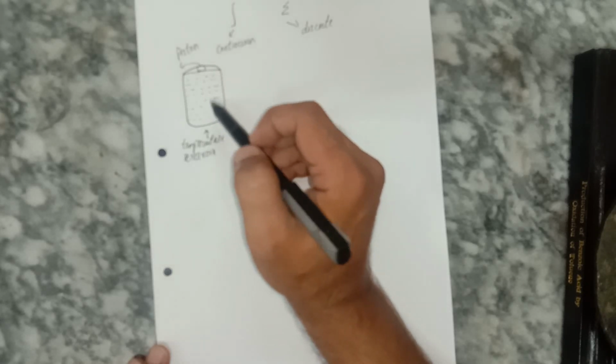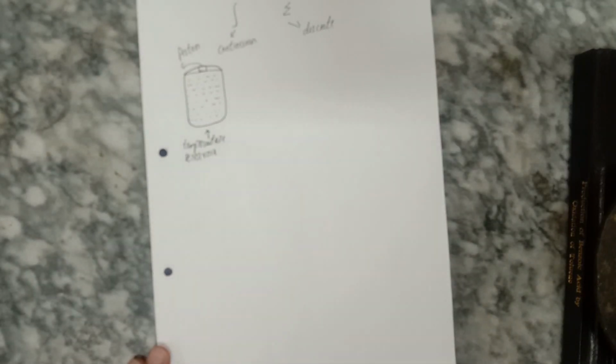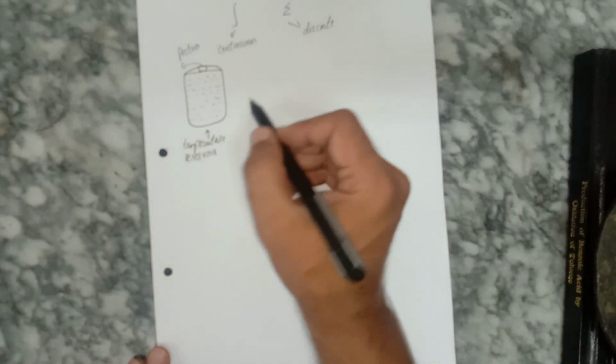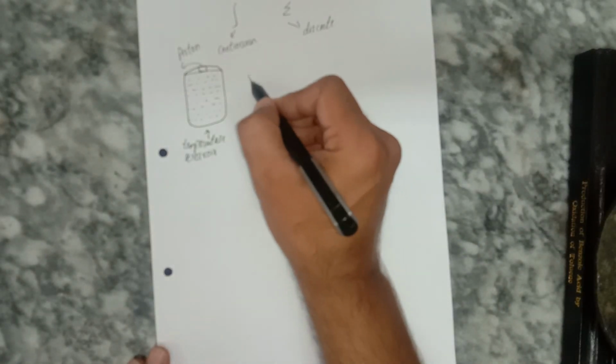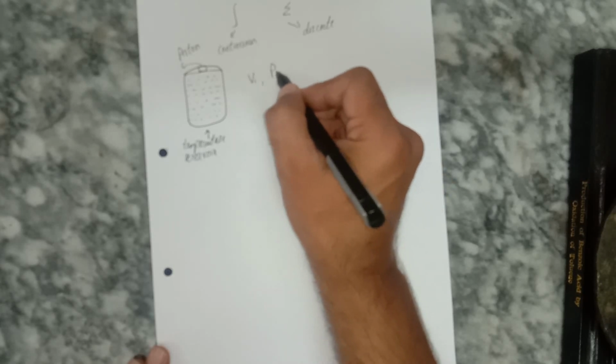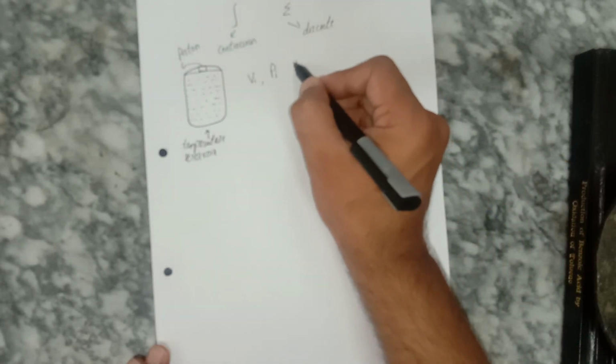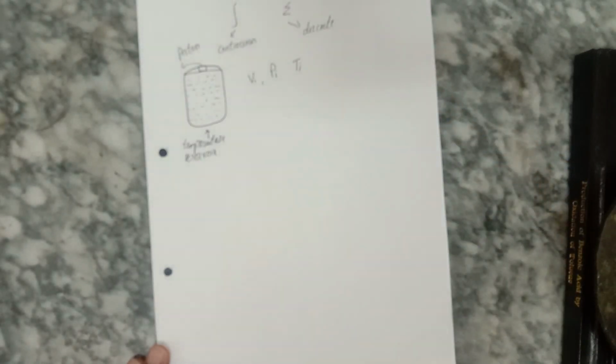So it can actually represent different situations that I am looking forward to. Suppose there is some initial state. Let's say the volume at the initial state is V sub i, the pressure at the initial state is P sub i, and the temperature, let's say, is T sub i.